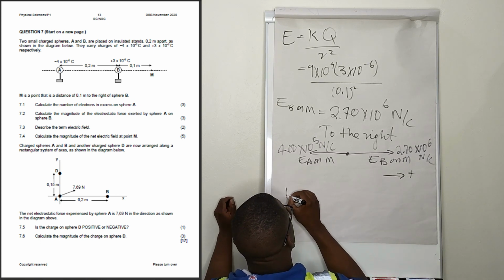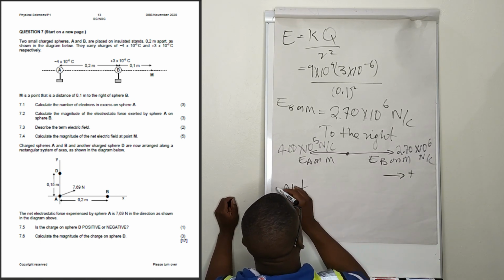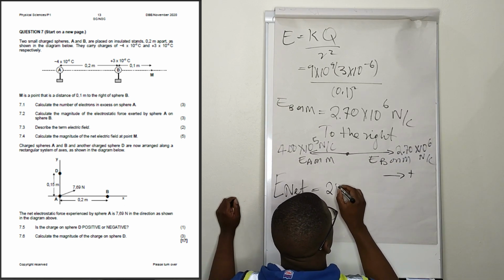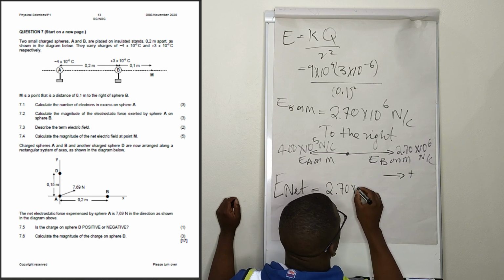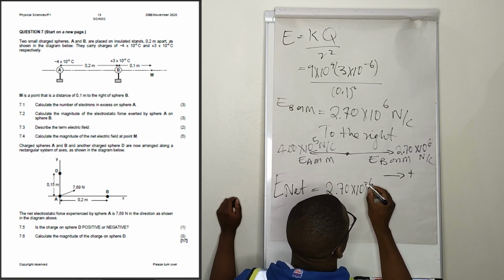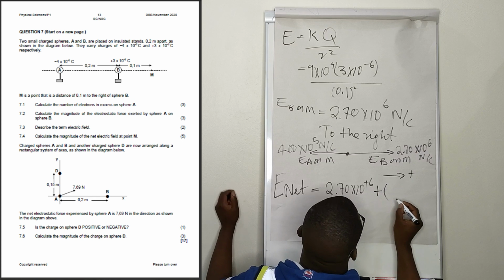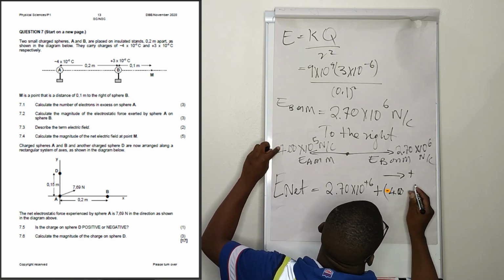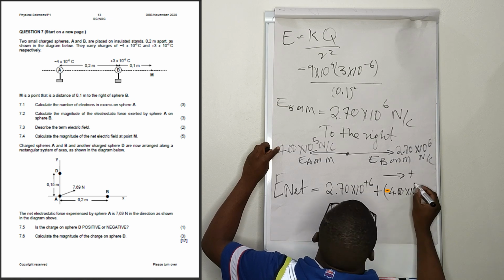So net, E net is equal to 2.70 times 10 to the power 6 plus the negative one, which is going to the left, 4.00 times 10 to the 5.